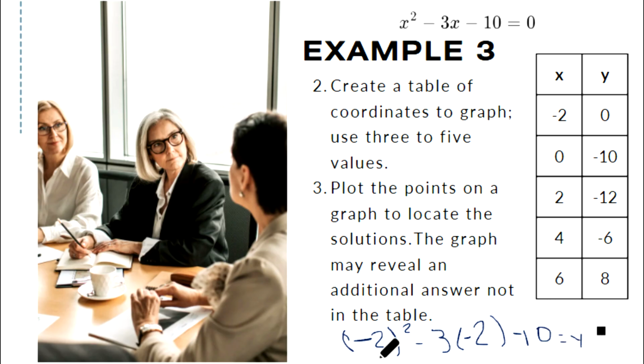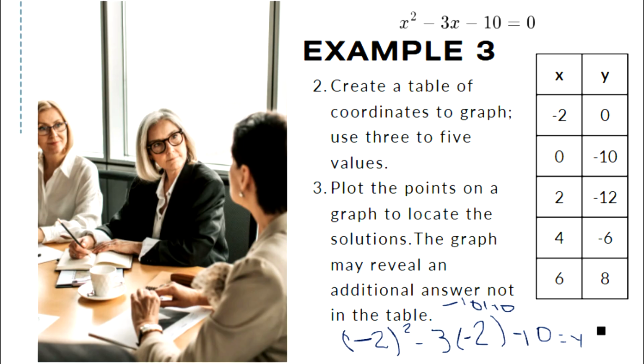I did that backwards. So this is positive 4. This is positive 6. 4 plus 6 is 10, minus 10. So our y should be 0. Oh, yep, negative 10 and negative 10. Anyway, here's your coordinates.